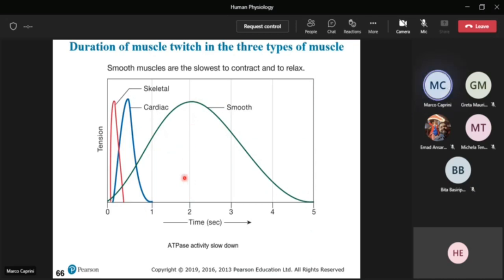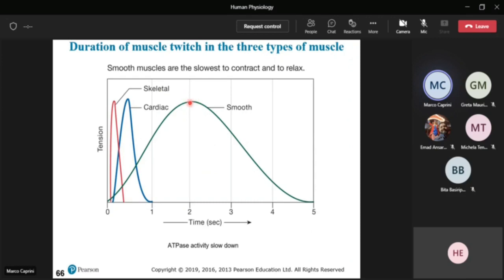Physiologically, the smooth muscle cell, because of this property, can maintain contraction for extended periods without fatiguing. Let's think of the bladder, which constantly maintains the contraction even if it's continuously filled with urine, okay?